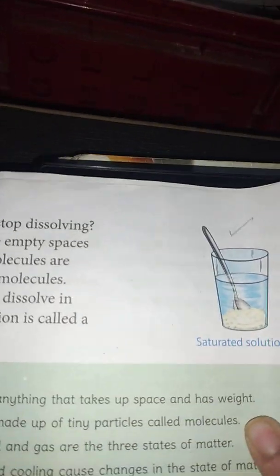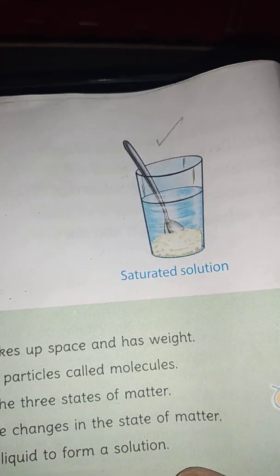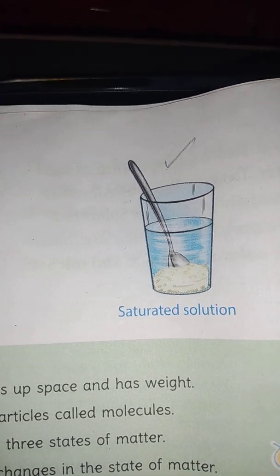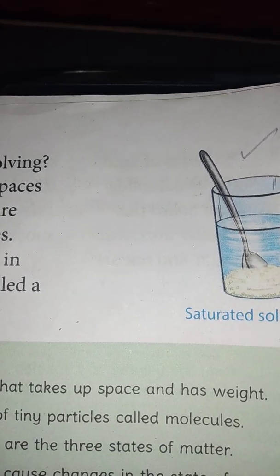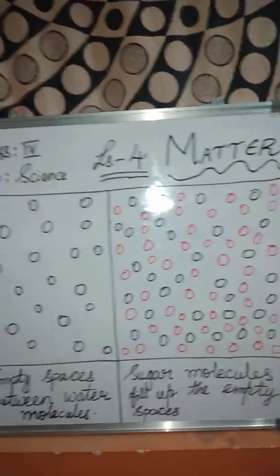That means when the water molecules are filled with the sugar molecules, there is no more sugar to dissolve in the water. Such a solution is called a saturated solution. I have showed you on the board also just now. What is it called? Saturated solution.